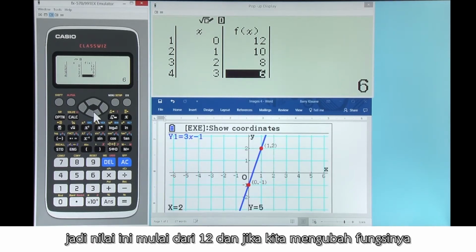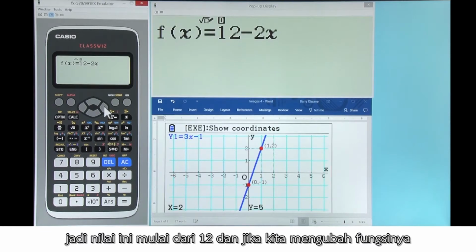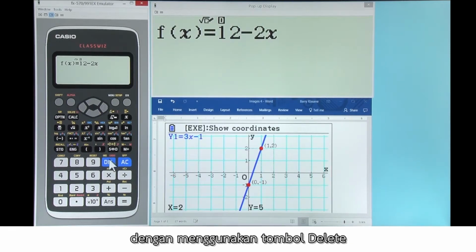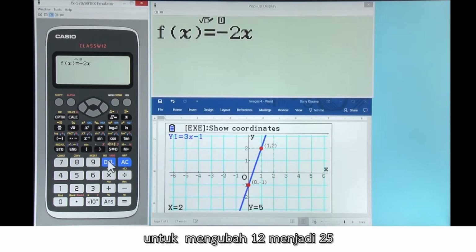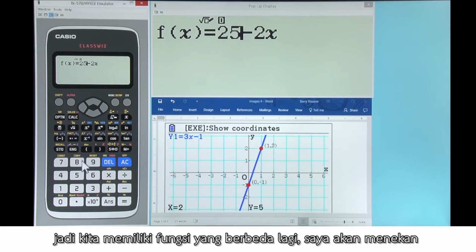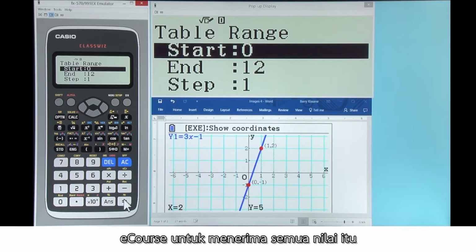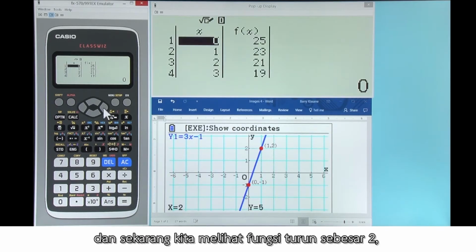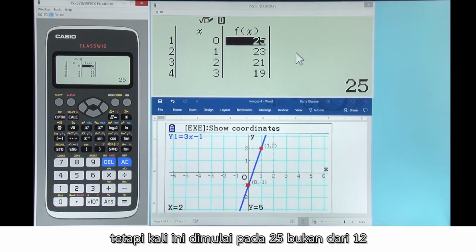So the values start at 12, and if we change the function, and I'm going to use the delete key this time to just change the 12 to 25, so we have a different function again. I'm going to tap equals to accept all of those values, and now we see the function is going down by 2, but this time starting at 25 rather than 12.